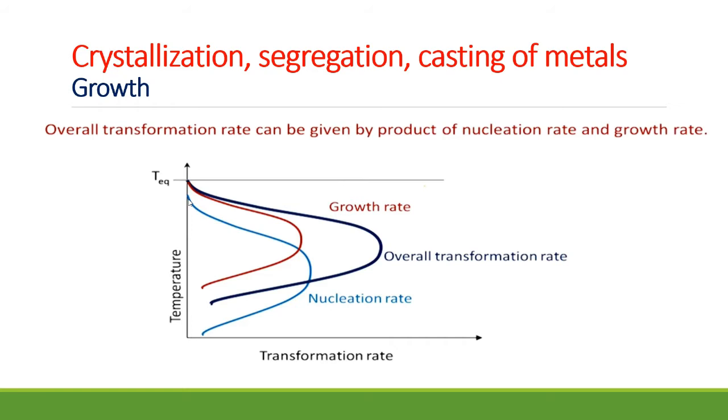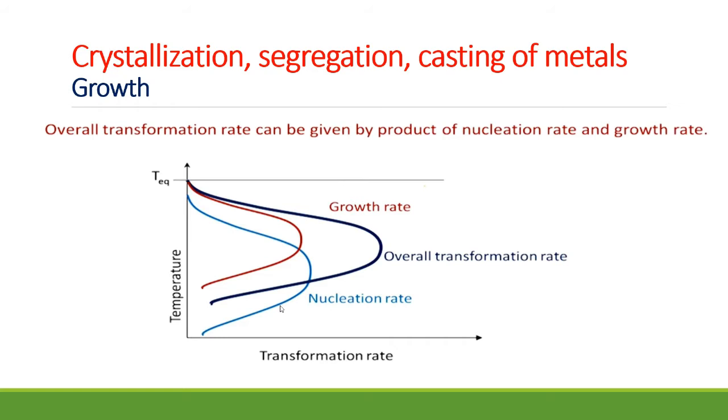Here the nucleation has started and it has reached a maximum, and then the nucleation rate slowly starts to decrease. The reason behind it is that for nucleation to take place, some diffusion of atoms is required.